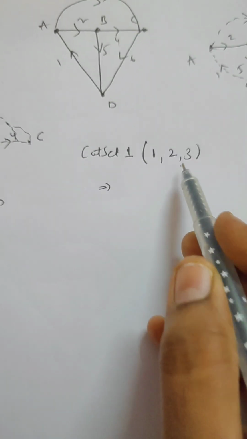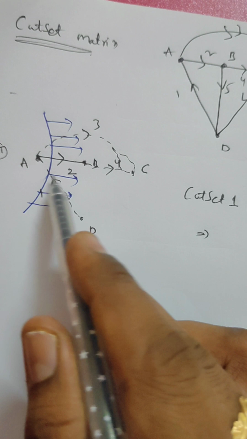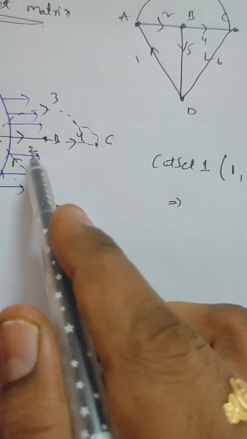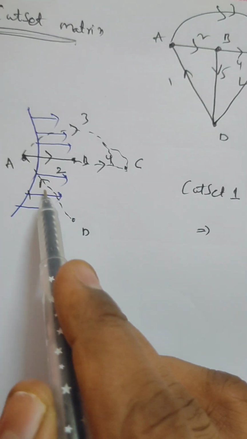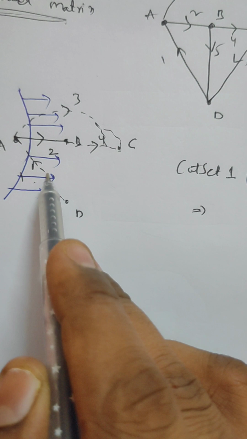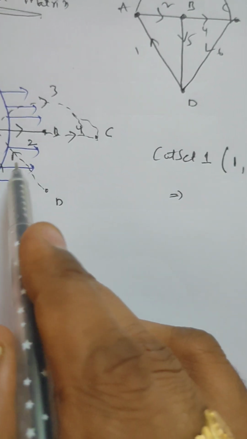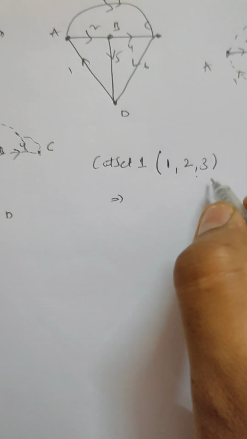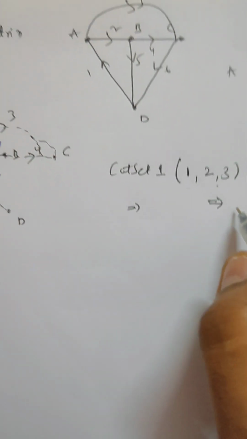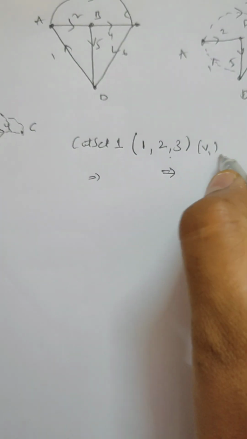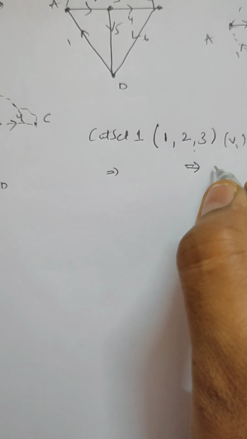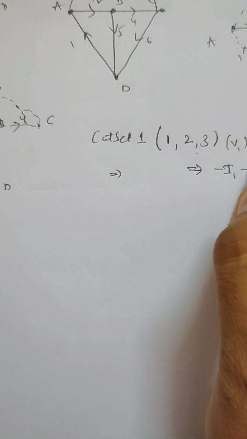So here branch 1 is associated with this cut set and the direction is opposite to that of the cut set. This is towards B, but this is towards A. So for cut set 1 we are writing the voltage V1, which is equal to, so the currents are here, minus I1 plus I2.